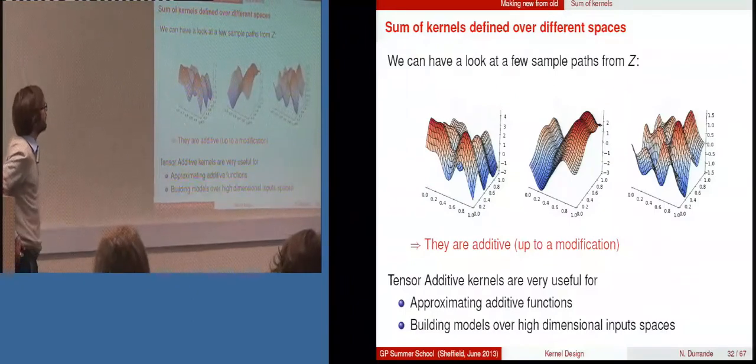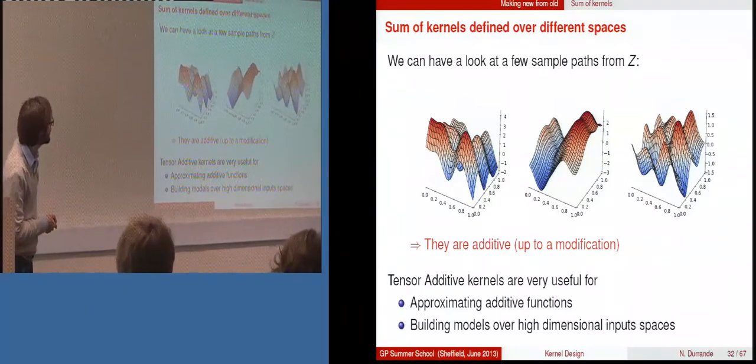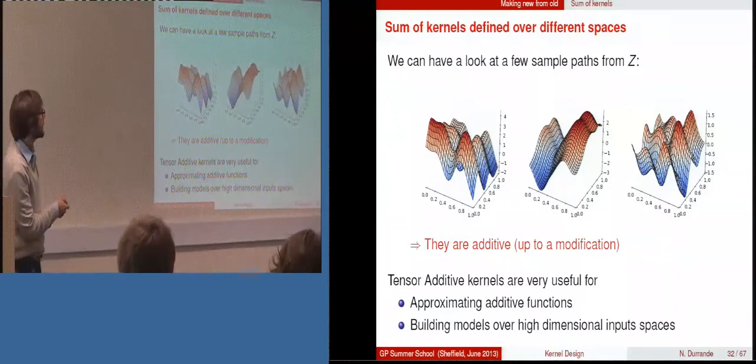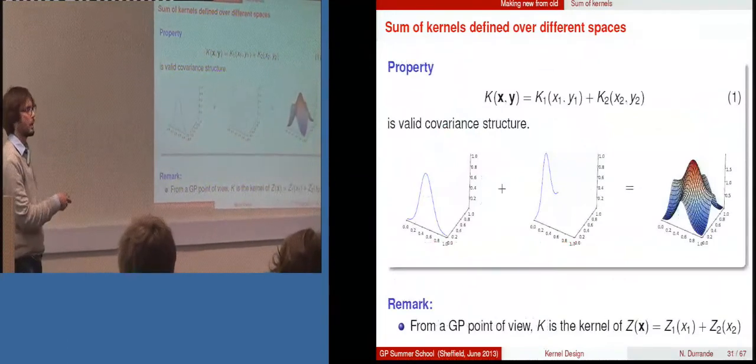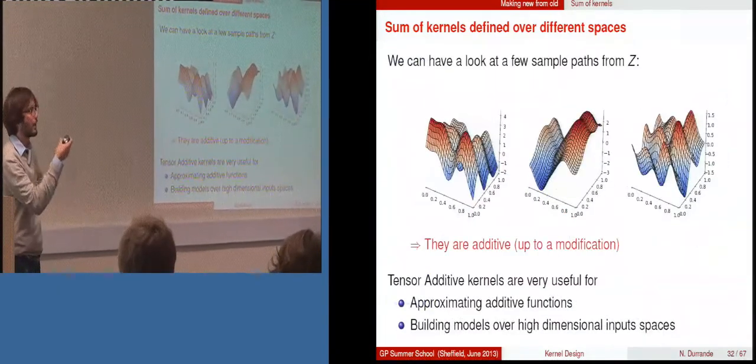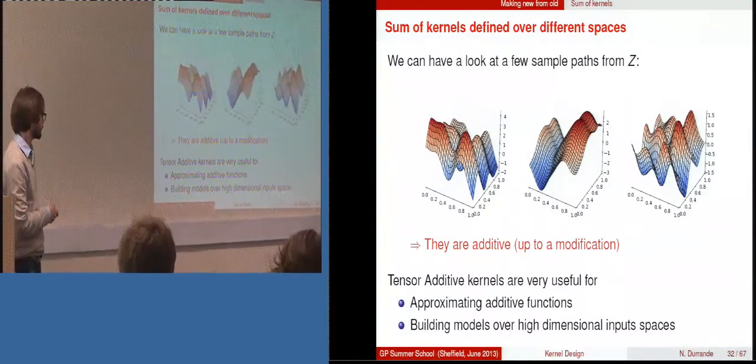So what happens if we plug that into a GP? We can simulate some sample paths, and this is what we end up with. As you can see, the functions we obtain by simulating with this kernel are additive. So by choosing an additive kernel, we are specifying in our prior that we are working with additive functions.